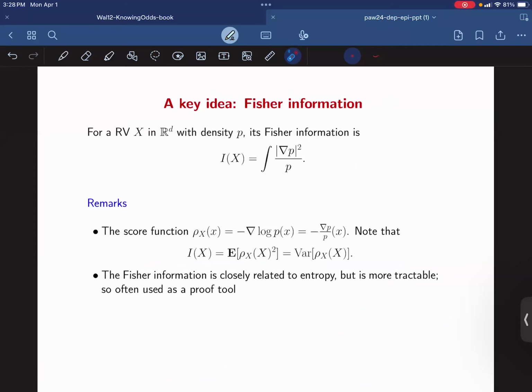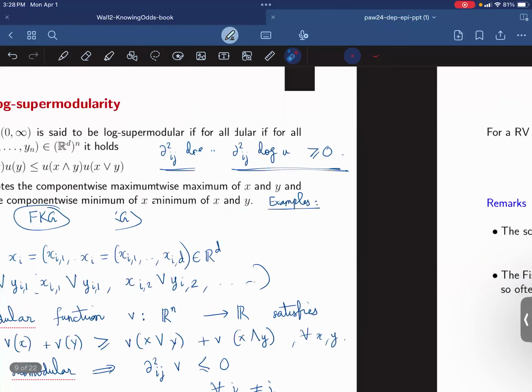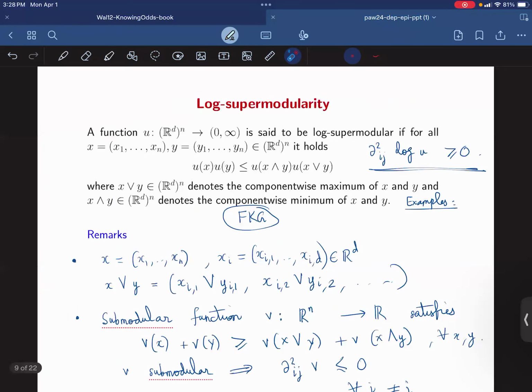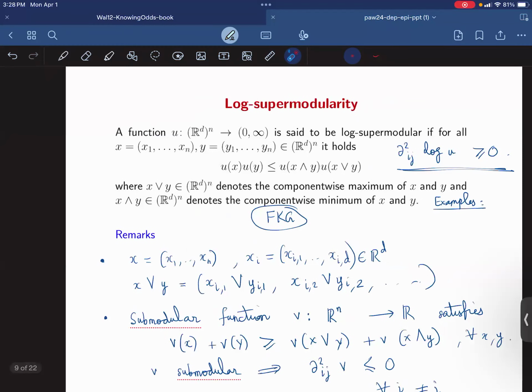Okay, so one of the key ideas that's used. Actually, before I go on to key ideas and so on, let me go back to the main result. So let's look at the main result again.